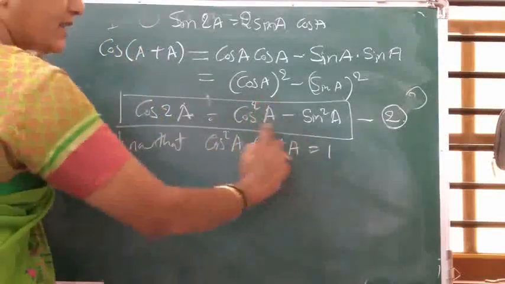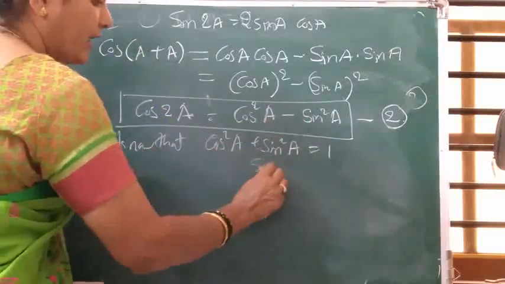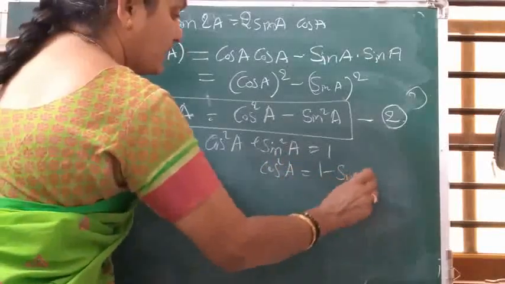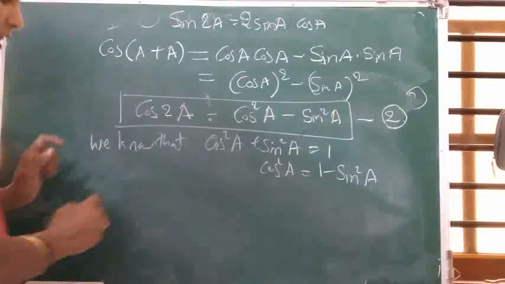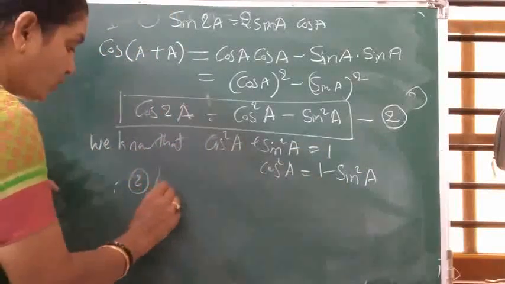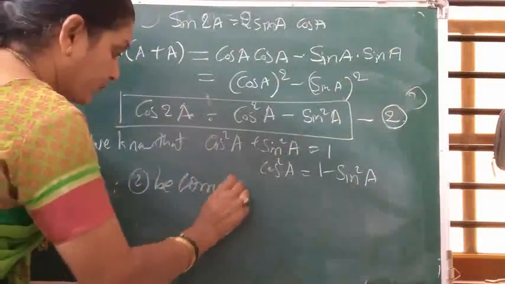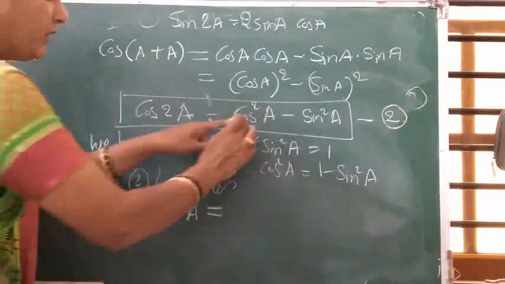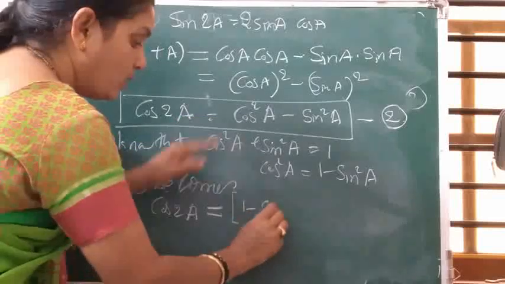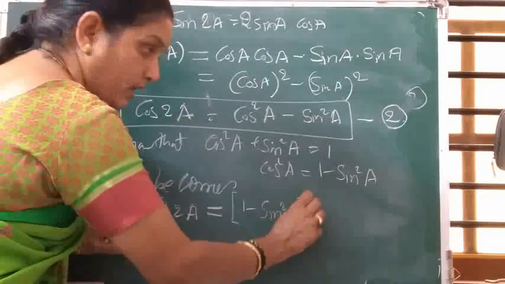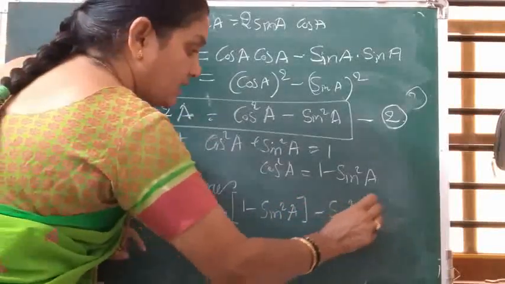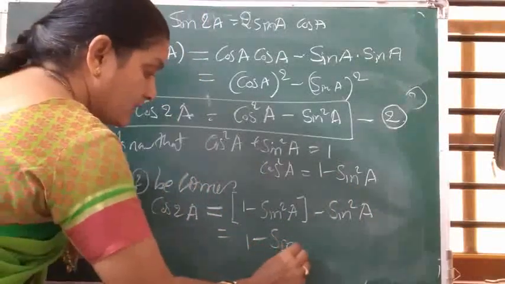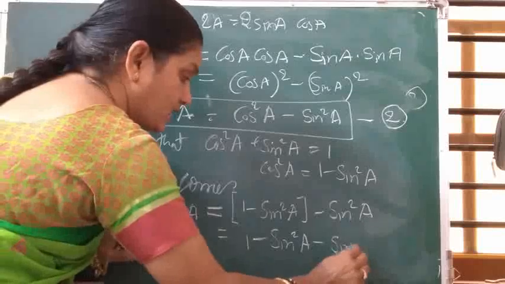Suppose you want the answer only in terms of sin, you can write cos square a as 1 minus sin square a. Therefore, equation 2 becomes cos 2a is equal to, this cos square a I replace by 1 minus sin square a, minus sin square a. 1 minus sin square a minus sin square a.